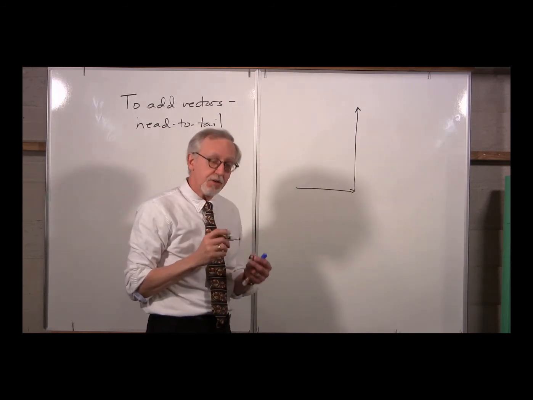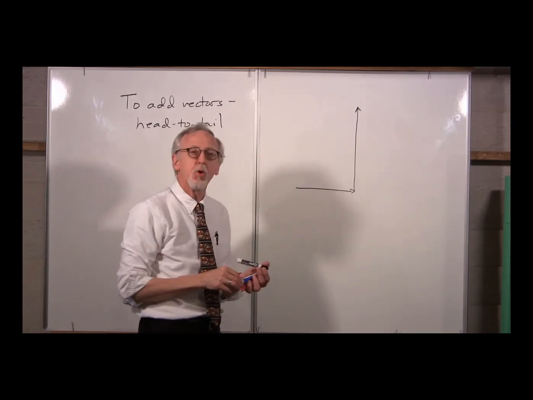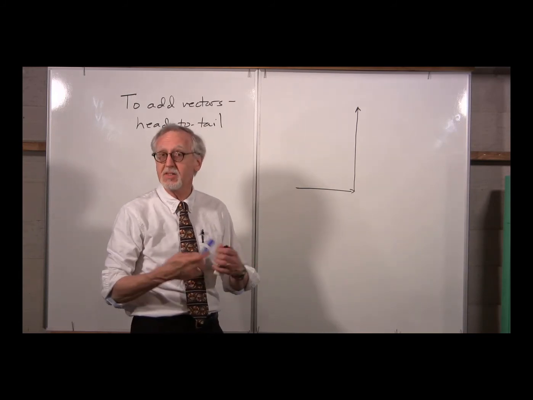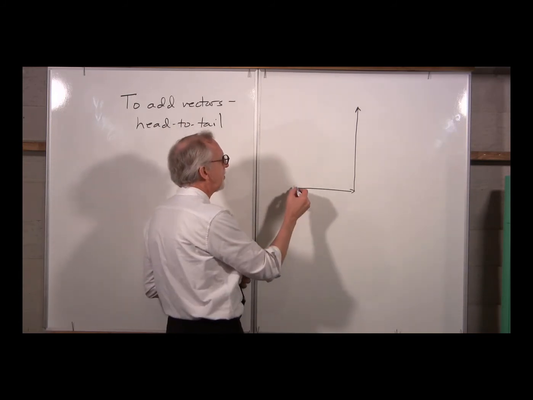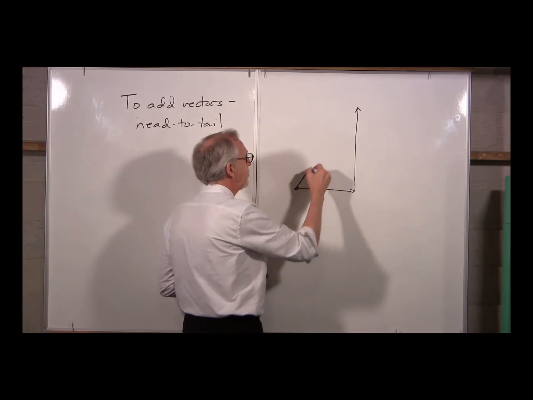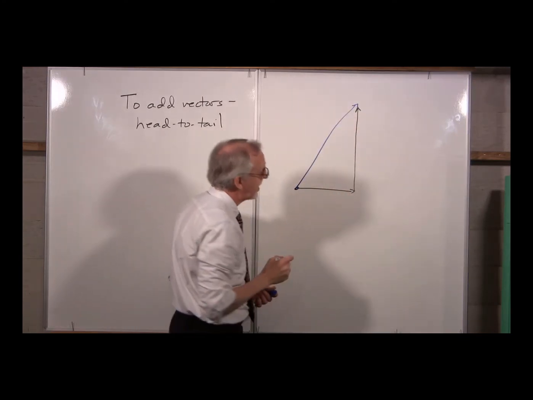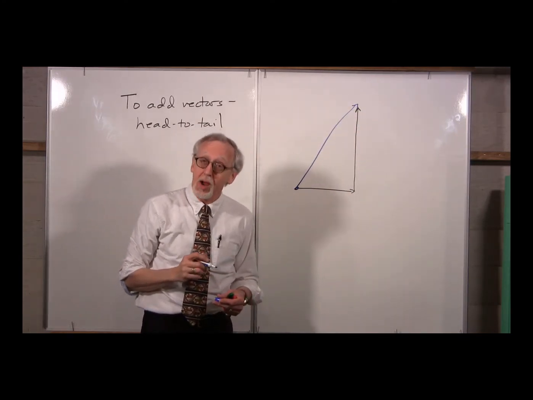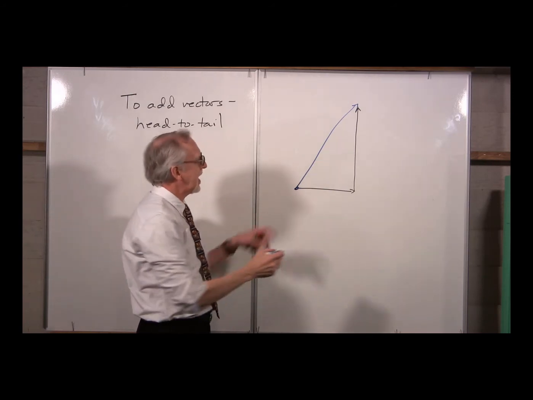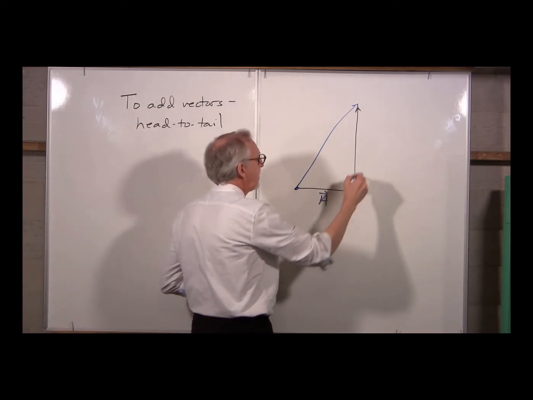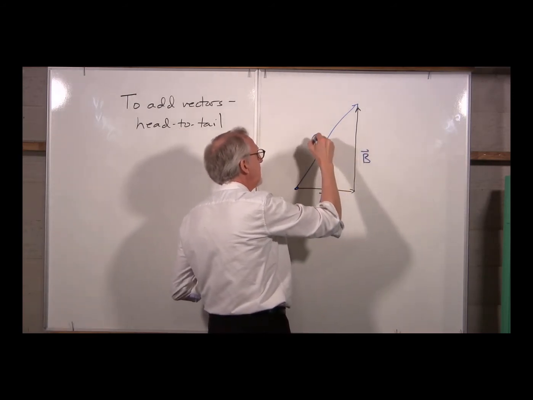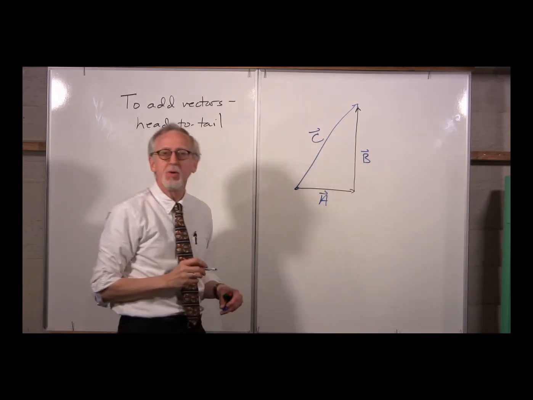What's our final result? Our final result, or our resultant vector, the sum of these vectors, points from where we started to where we ended up. So we would say that this vector A plus this vector B gave us that resultant vector.